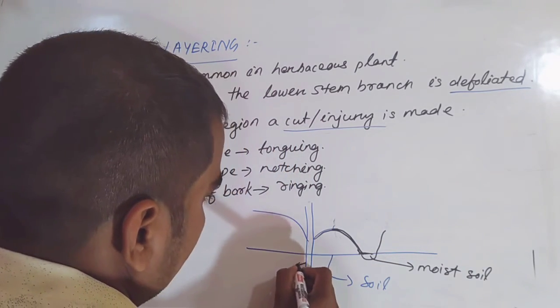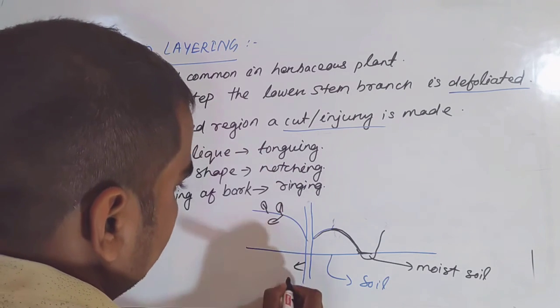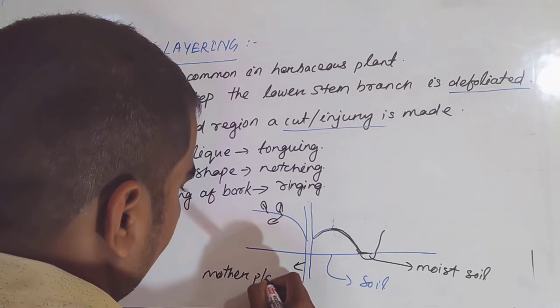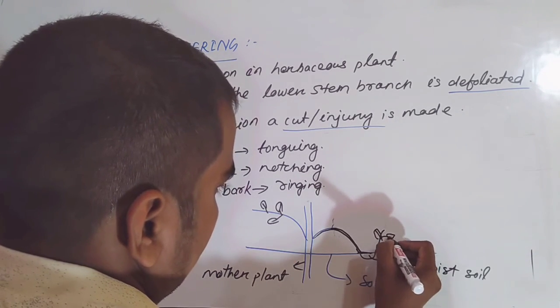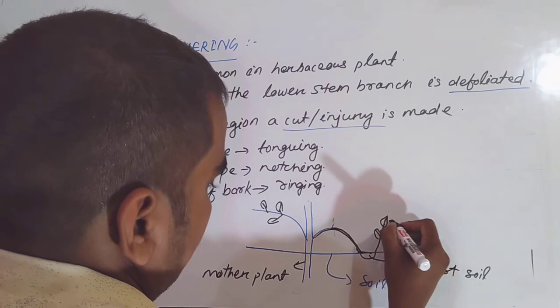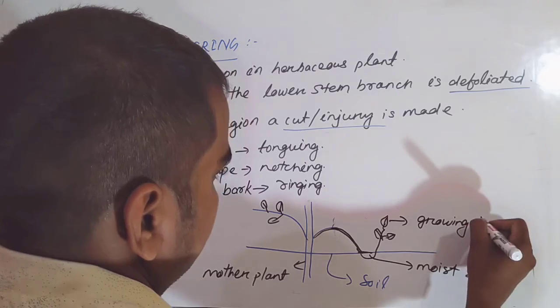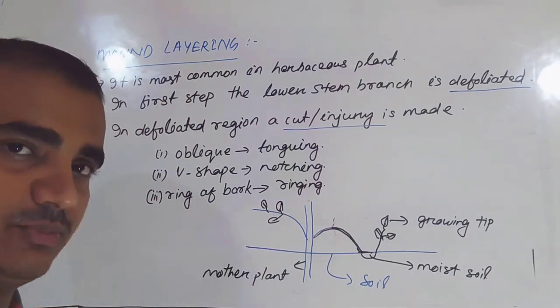This is the main or mother plant, and this is the growing tip, in such a way that the growing tip remains above the soil surface.